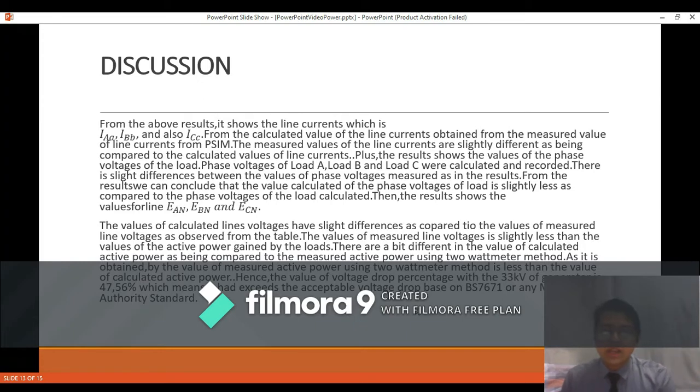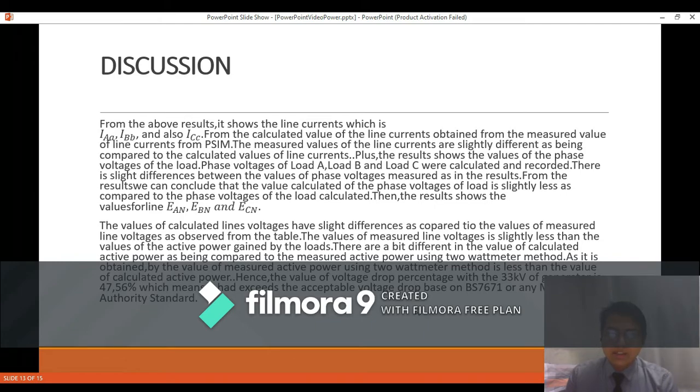The values of measured line voltage are slightly less than the calculated ones. As for the active power gained by the loads, there is a bit of difference between the calculated active power and the measured active power using the two wattmeter method, as the measured active power using two wattmeters is less than the calculated active power.